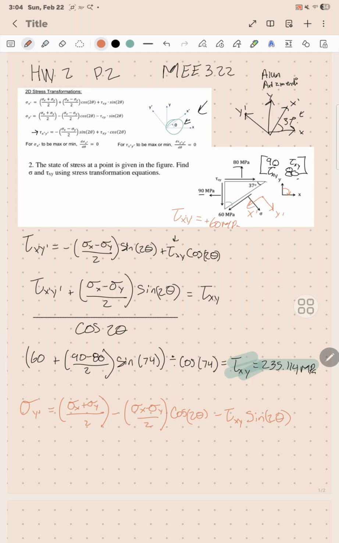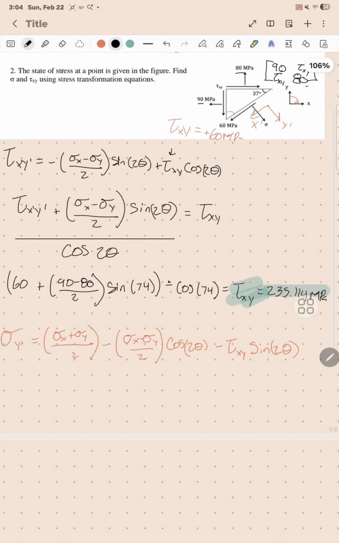Cool. And the reason that I'm using this one specifically again is for the angle. If you were to use the other angle and move it in this direction instead, you would just have to use that negative 53 times 2, and you would have to then use the sigma x prime equation. Cool. And going back at this over here, let's plug in those numbers that we found. So I know that sigma x is 90 plus 80 over 2 minus 90 minus 80 over 2.